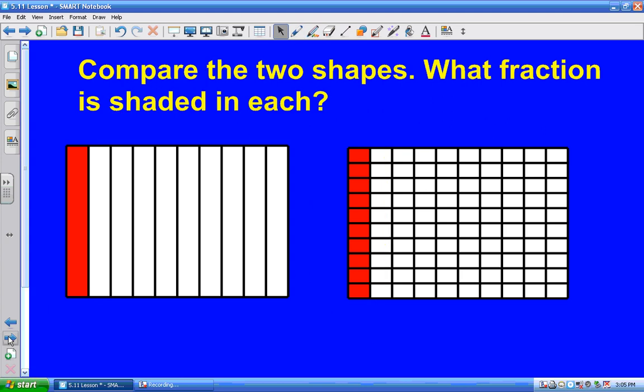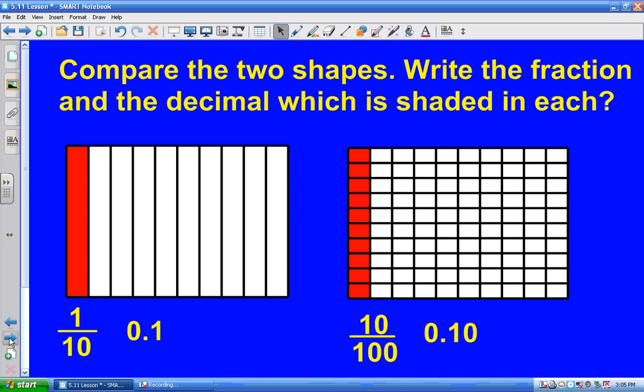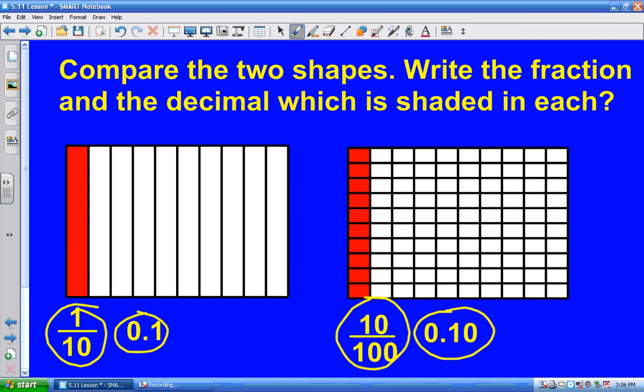So if you compare this, we just did that. This one here can be written as 1/10 or as 0.1. This could be written as 10 out of 100 or 0.1. But it is the same amount. What do you notice about these decimals? David? That one has another 0. Right. And 0 means how much when you do area?